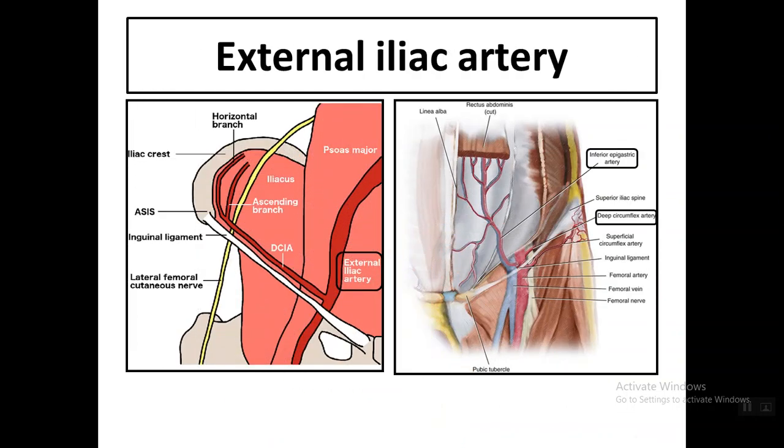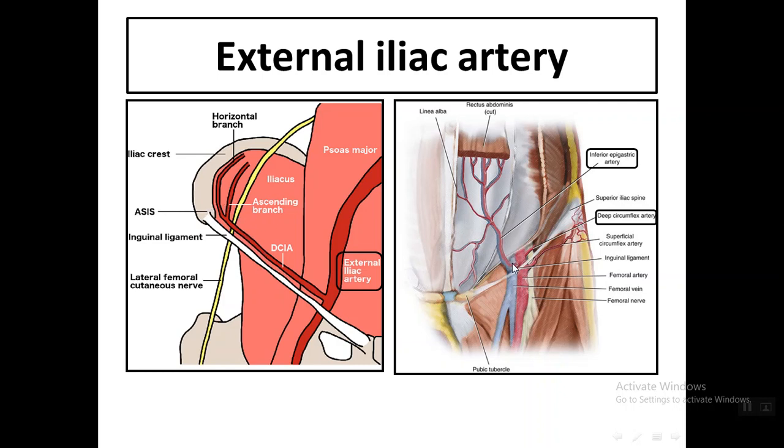The external iliac artery gives two important branches. One passes laterally toward the anterior superior iliac spine. This is called the deep circumflex iliac artery, and it supplies the anterior abdominal wall.